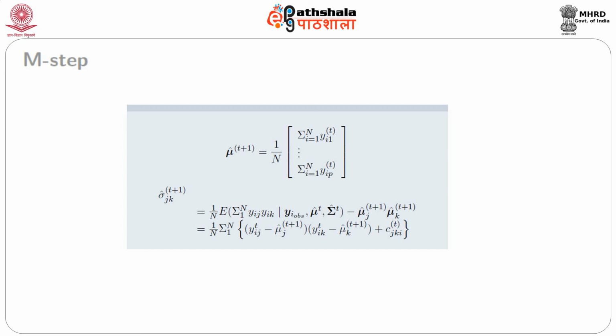It turns out that the complete case or the all available case estimates are a very good starting point in this sort of problem as initial values, and then we can iterate using the EM algorithm to get the value or the estimate of the parameters.